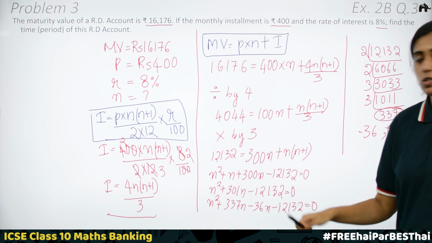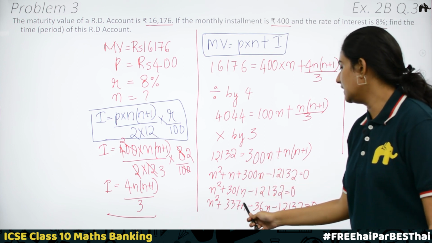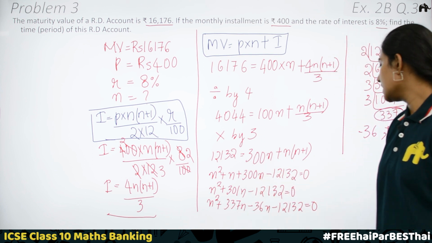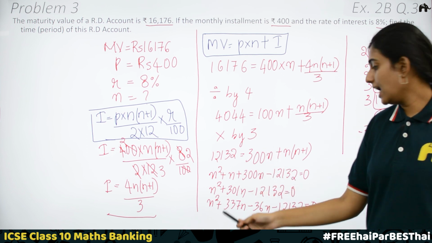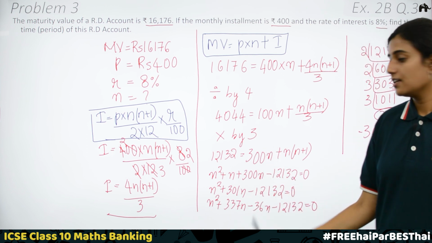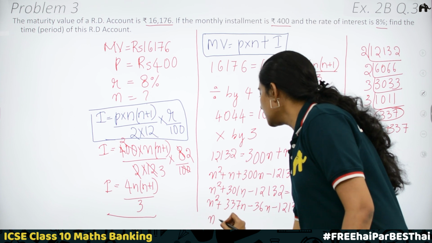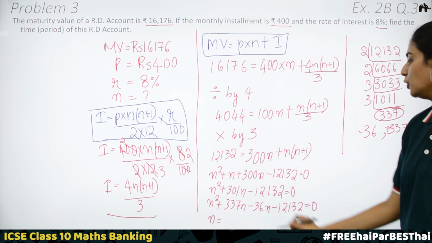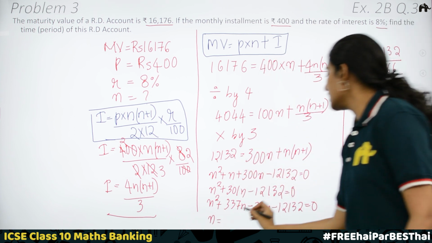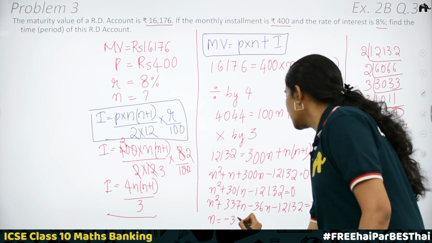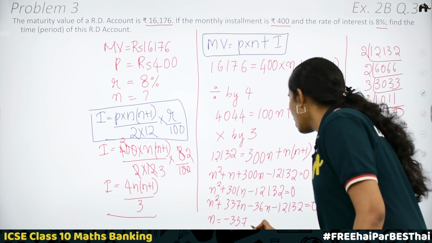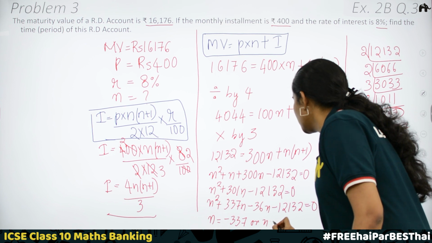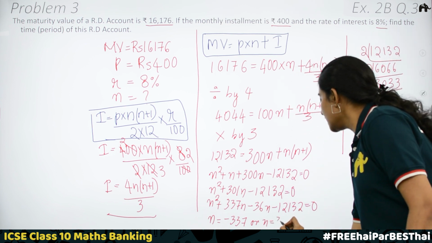Then it becomes n into n plus 337 minus 36 into n plus 337. I'll just write the final answer. Do the calculation. You'll be getting n is equal to minus 337 or n is equal to 36.